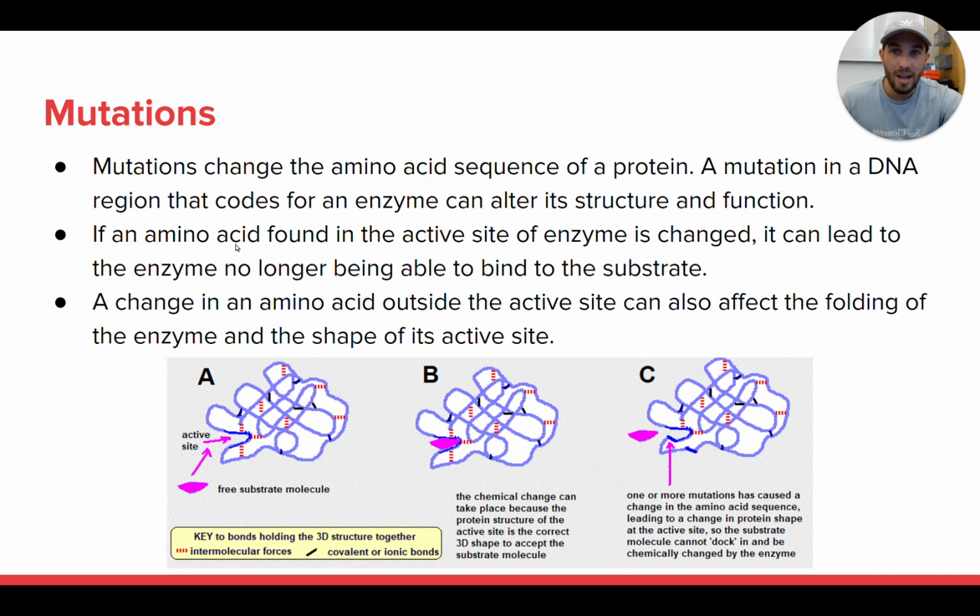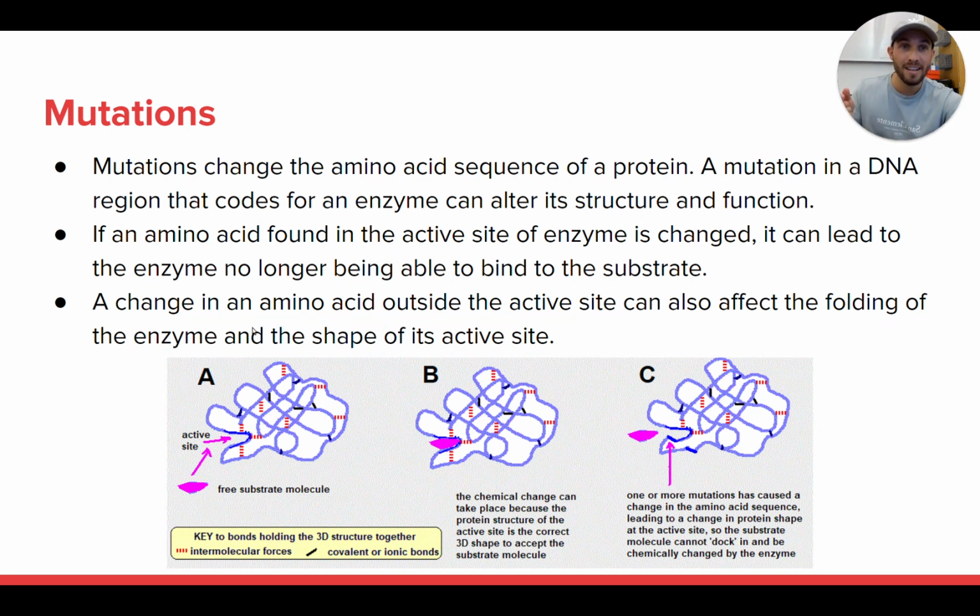And especially if it's a mutation affecting an amino acid in the active site of an enzyme, that's definitely going to have a high chance of negatively affecting that enzyme. If one of those amino acids in that area gets messed up, that could definitely affect its ability to catalyze a reaction.